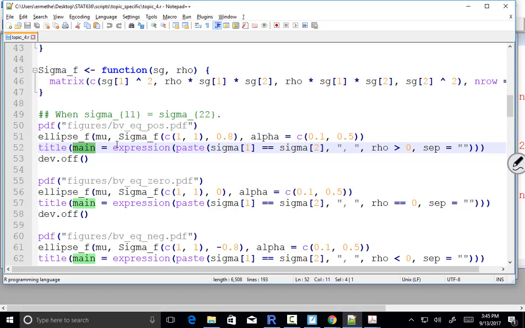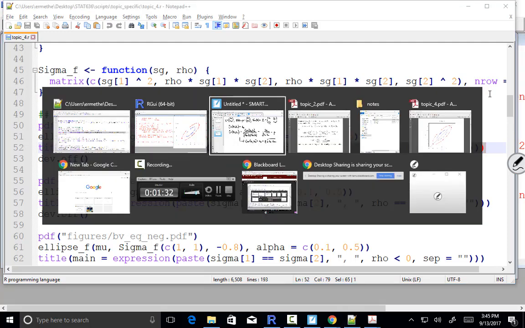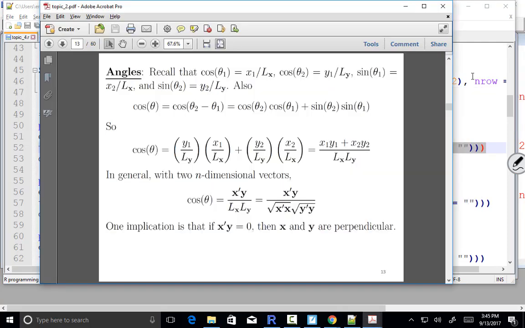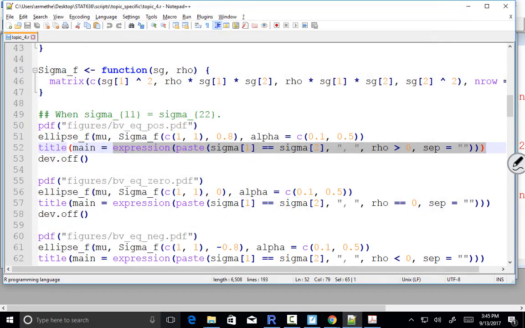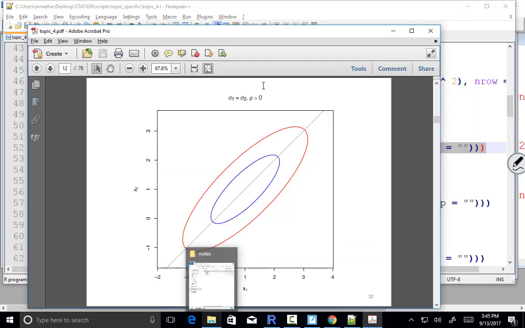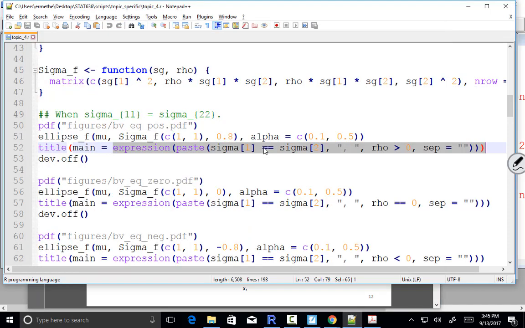Another nice thing about R is that on the graphics, you can use mathematics notation. So in the slides, notice that I've got Greek symbols. Sigma 1 equals sigma 2, and rho is bigger than 0. You don't have to know how to do this for the purposes of the class, but if you're going to use R more in the future, check out the expression function.